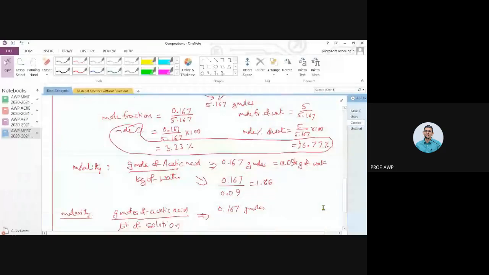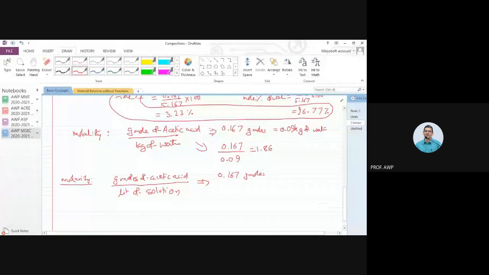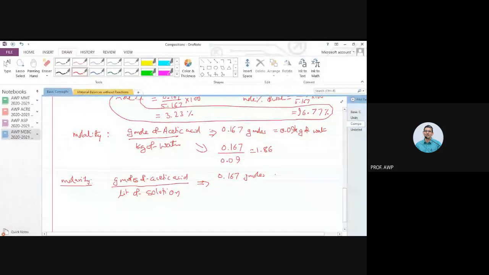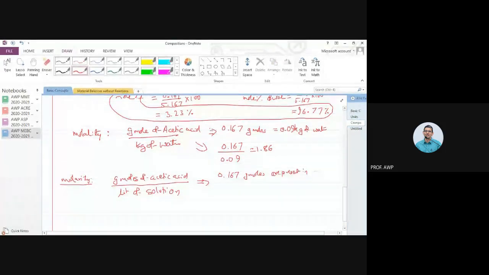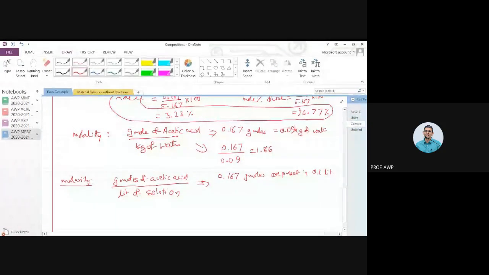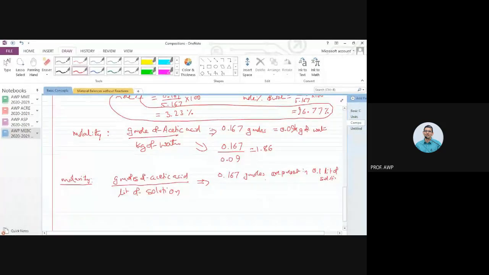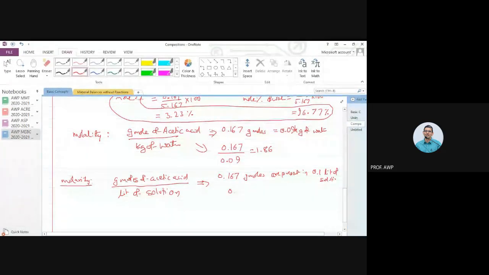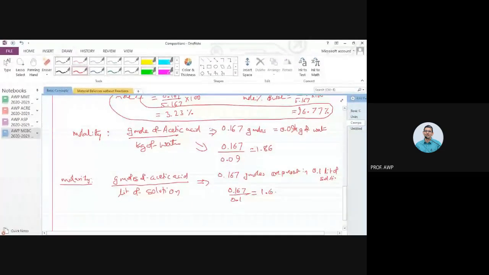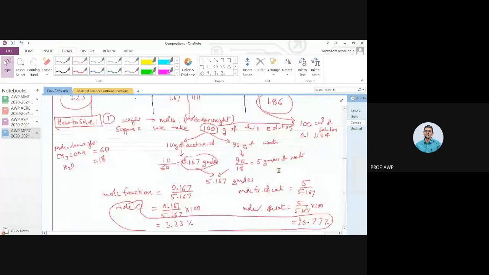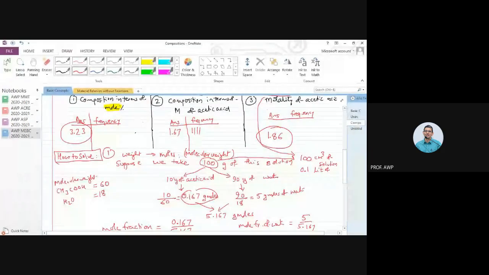So 0.167 gram moles are present in 0.1 liters of solution. So molarity is 0.167 divided by 0.1, that is 1.67 gram moles per liter of solution. It is 1.67 molar.